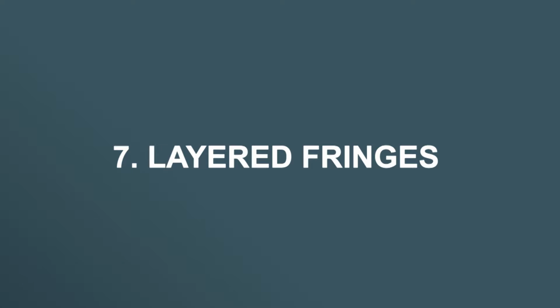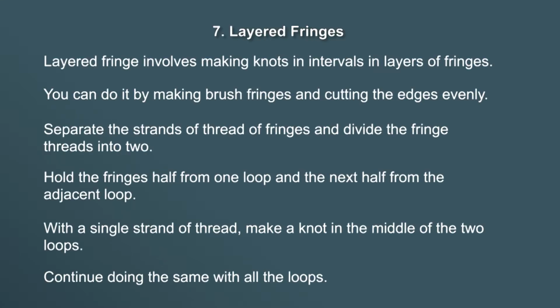Layered fringes. Layered fringe involves making knots at intervals in layers of fringes. You can do it by making brush fringes and cutting the edges evenly. Separate the strands of thread of the fringes and divide the fringe thread into two.